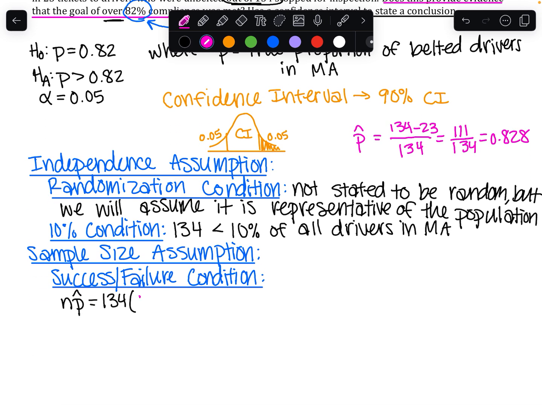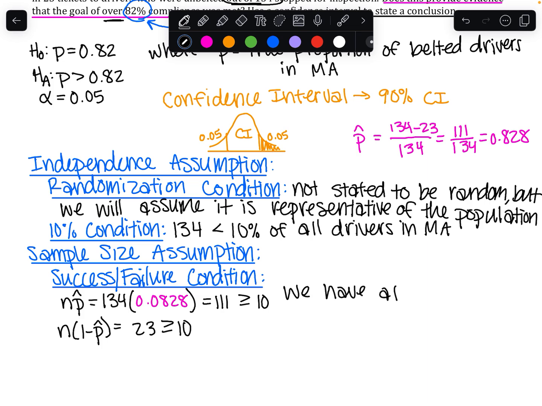But I will caution you here. We know that it's just 111. And we know that n times 1 minus p hat was just 23, those 23 unbelted people. You could just write that as long as you're labeling it. It's fine. Both of these are greater than 10. And because they are values from the sample, we have at least 10 successes and 10 failures.